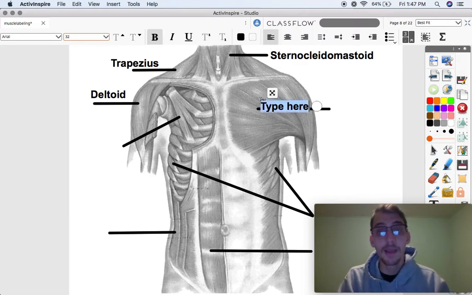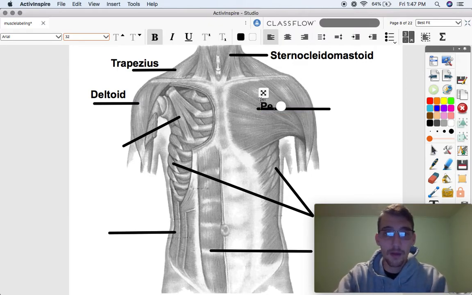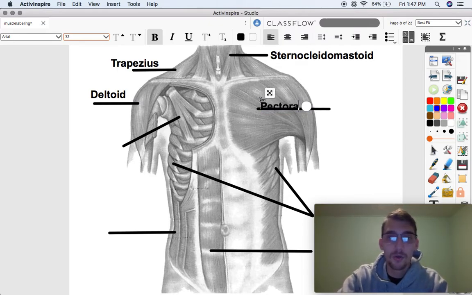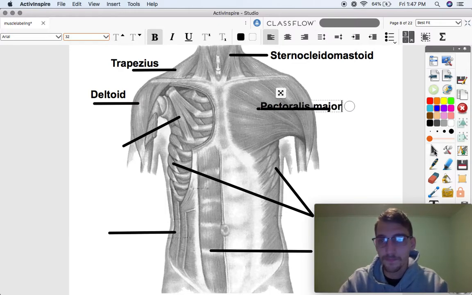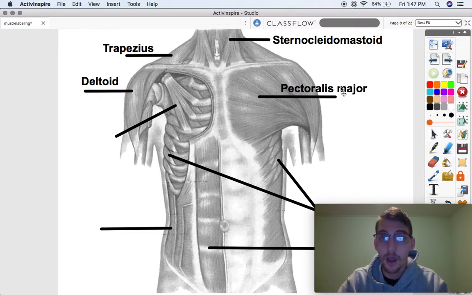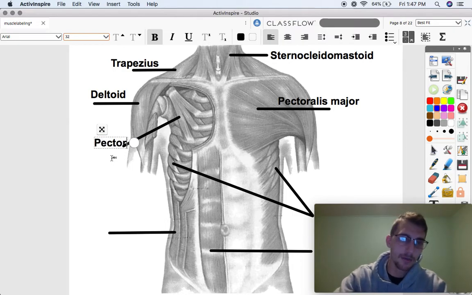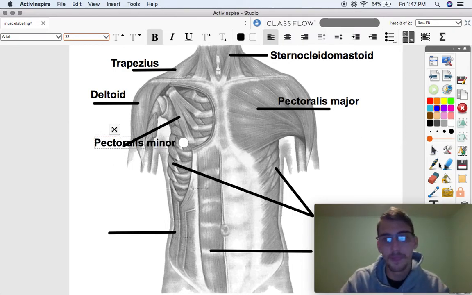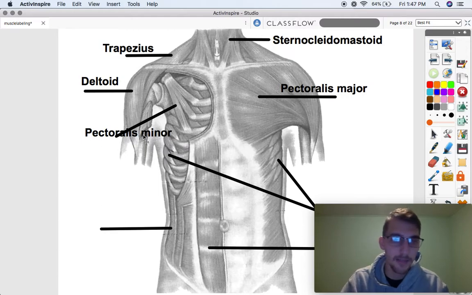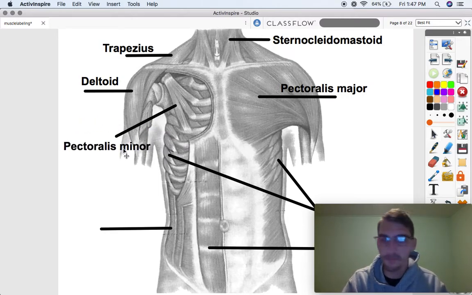On the right we are labeling the pectoralis major, your main pec muscle. On the left side, deep to the pectoralis major, you have the pectoralis minor. That's another naming hint: the bigger ones in a pair of muscles are always major, while the smaller ones are minor.